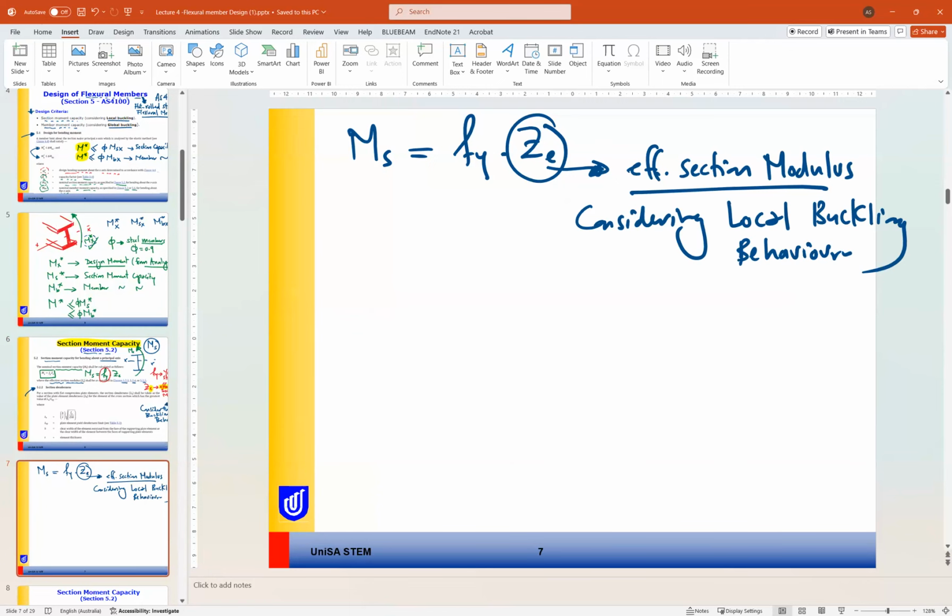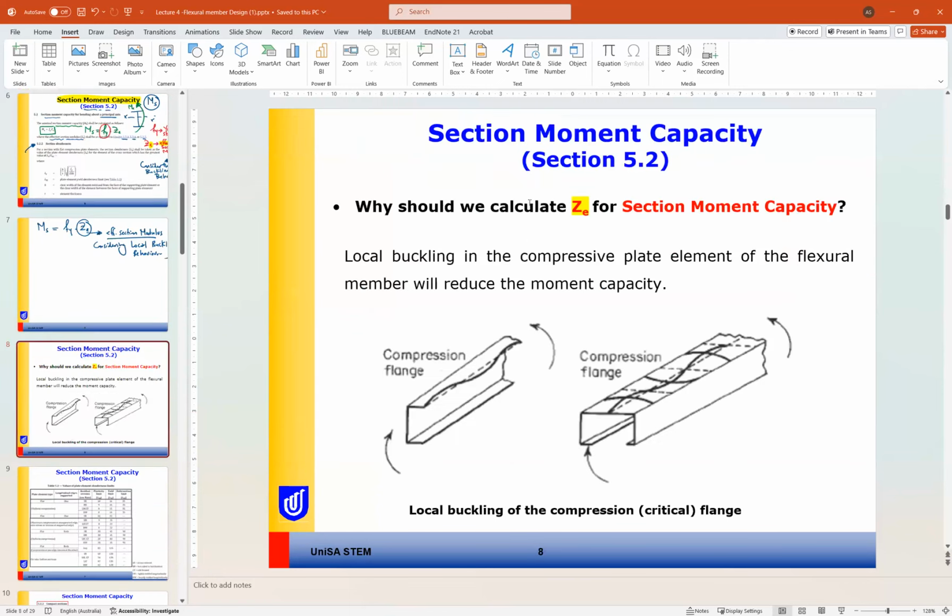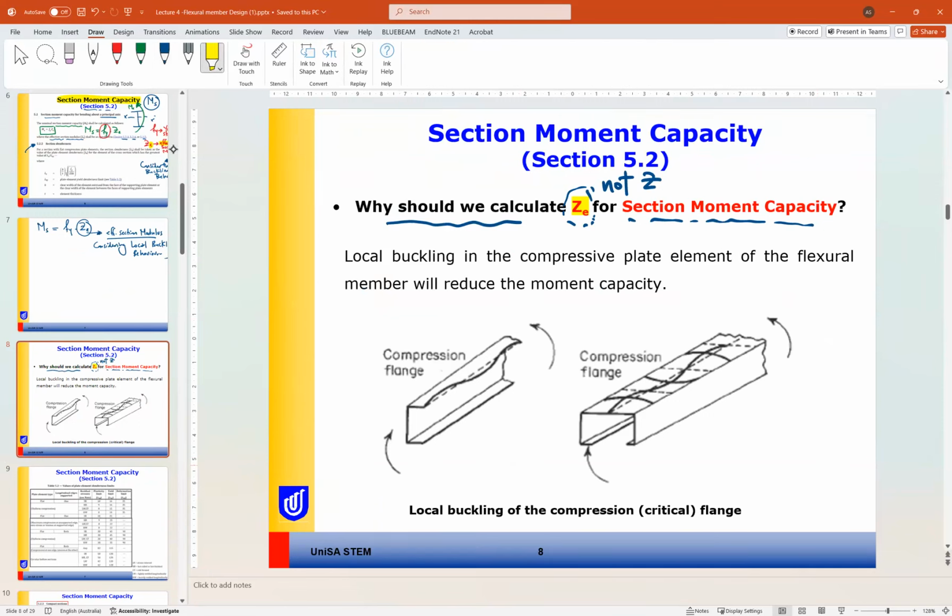Okay, so if we look at this slide here, I have a question for you. Why should we calculate Z effective, not Z, for section moment capacity? So the answer is because of local buckling. Local buckling in the compressive plate element of the flexural member will reduce the moment capacity of the member.